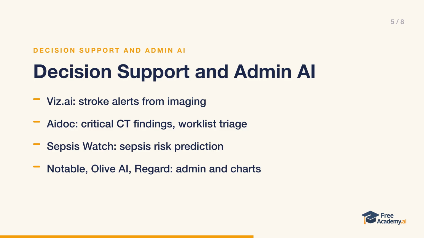The third group is administrative AI, which targets the paperwork rather than the patient. Notable Health automates prior authorizations, patient intake, and scheduling. Olive AI streamlines revenue cycle management and claims processing. Regard analyzes patient charts and suggests diagnoses that might be missing from the documentation, improving clinical capture.